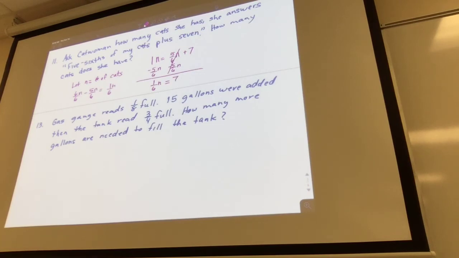Okay, so you can go off to the side and do scratch work to get a common denominator on your fraction. And then for me to simplify this, if they multiply by 1/6, we can multiply by the reciprocal, which is 6 over 1. And we'll get that n is equal to 42. And that's cats.